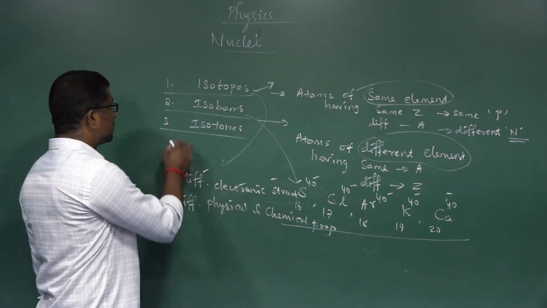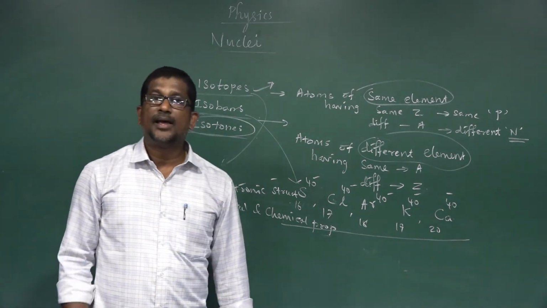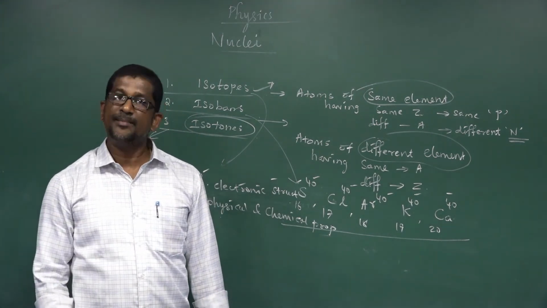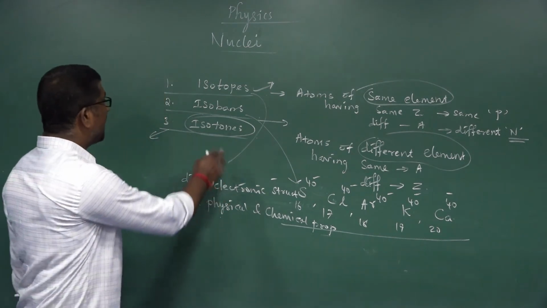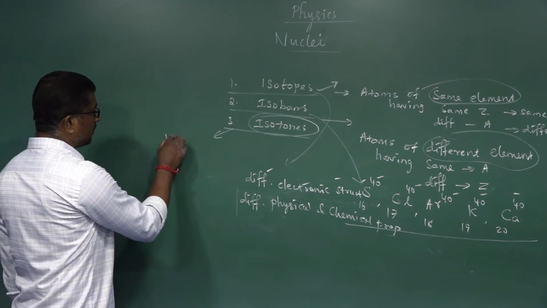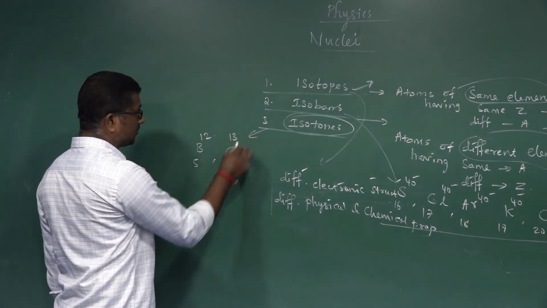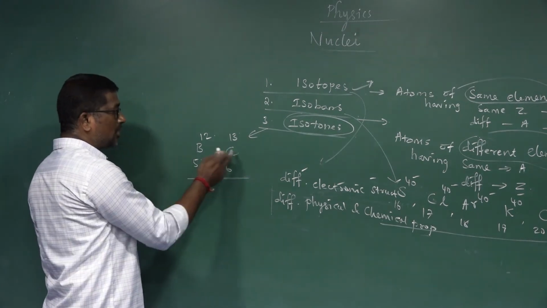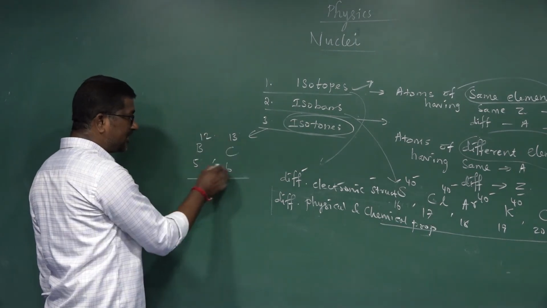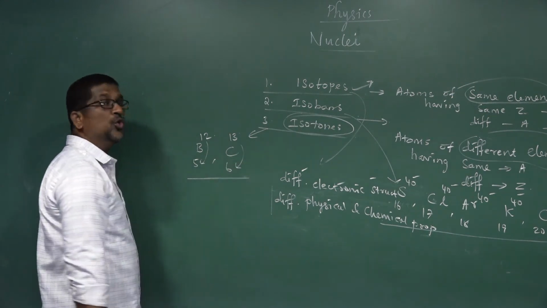And next, the third one, isotones. Simply, atoms of different elements having the same neutron number are called isotones. Example: boron 5-12 and carbon 6-13, B and C. They have different mass number and different atomic number, but they have the same neutron number.